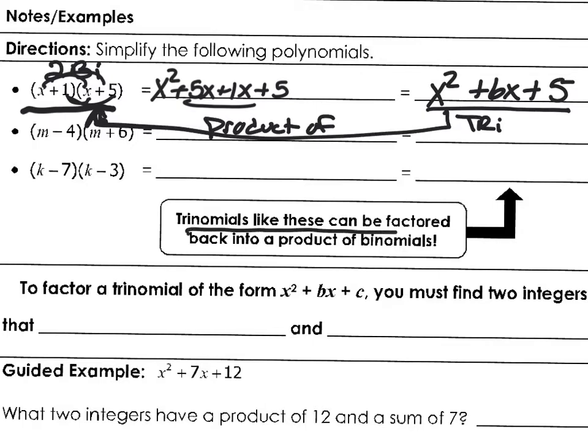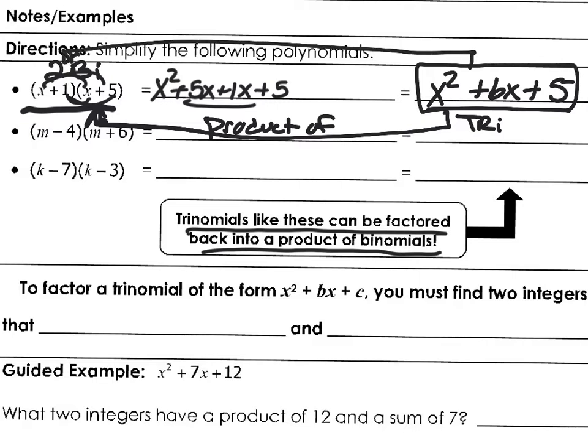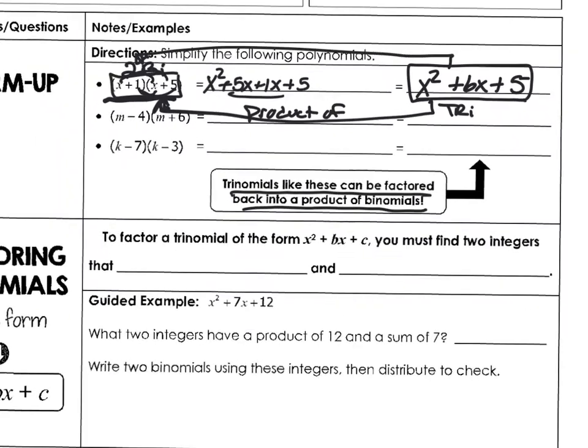Trinomials like these can be factored back into the product of binomials. So that's what we're going to be doing today: they're going to give us the simplified form, and we are going to factor it back into two binomials.